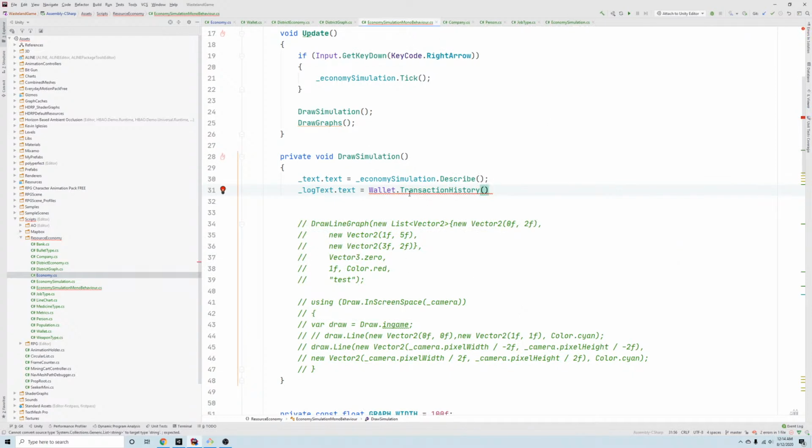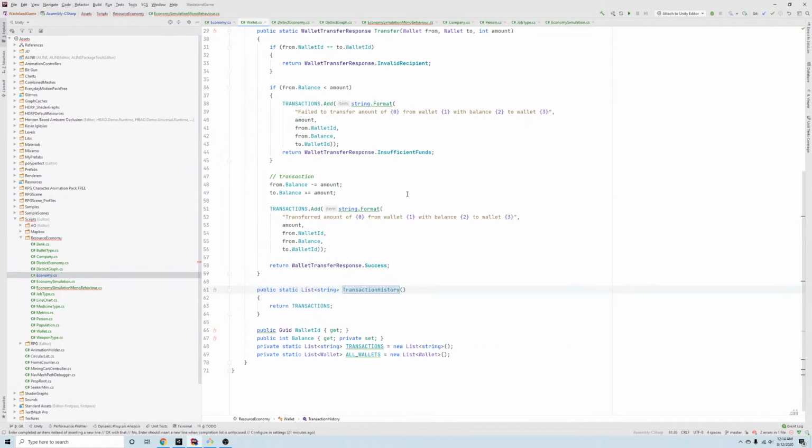Not sure in C# how to combine a list of strings.